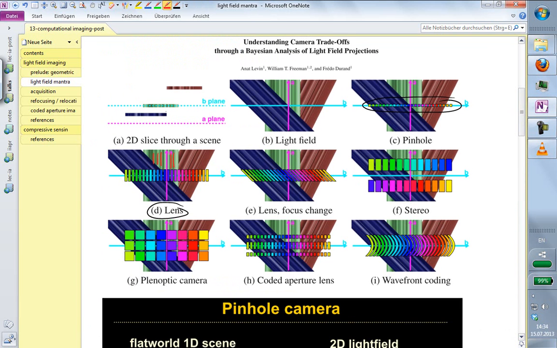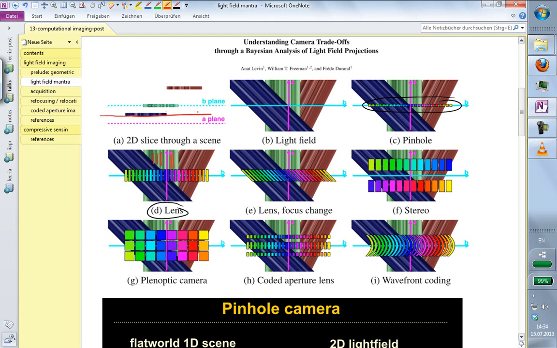Okay, so we have the lens. When focused on the green object, it will appear as crisp. Everybody agrees with that? Okay. Now what happens if the lens is focused not on the B plane, but on the blue object?